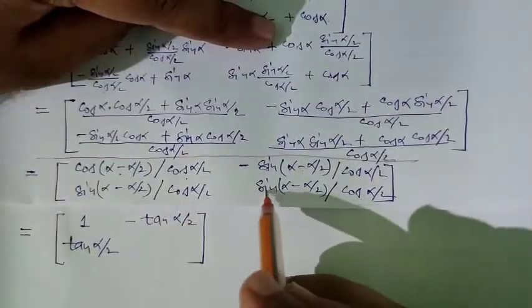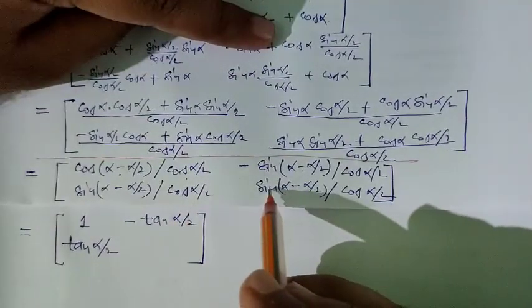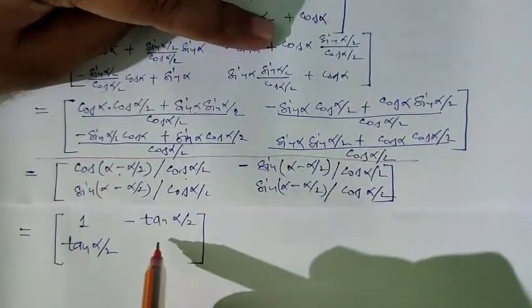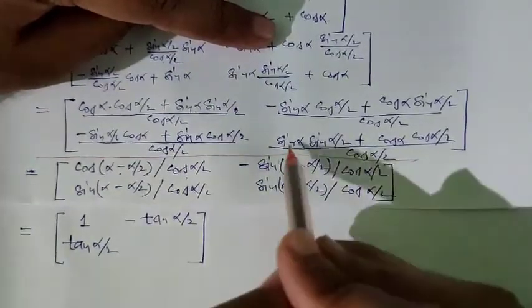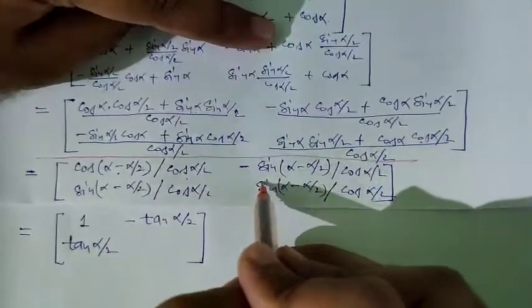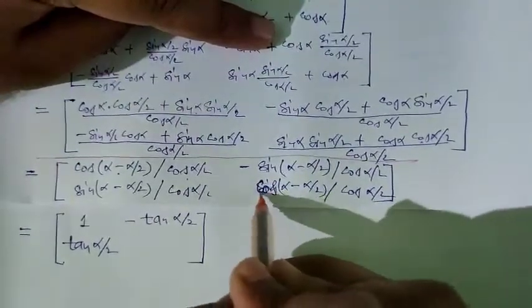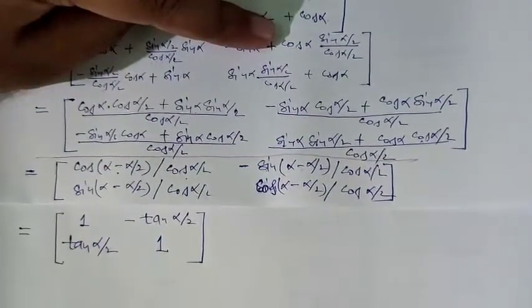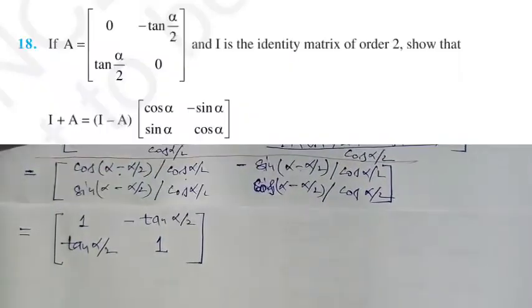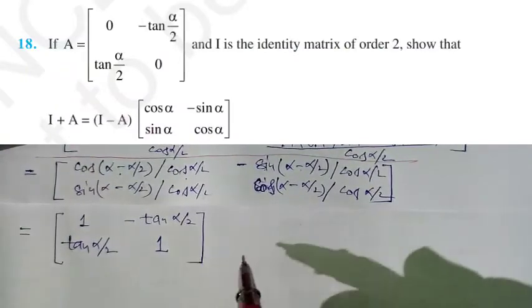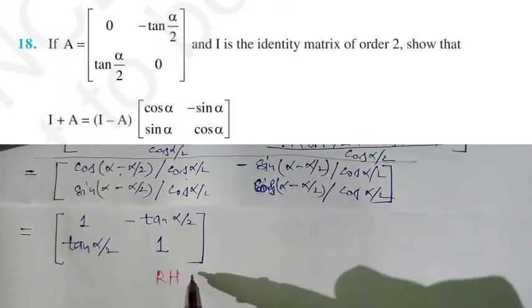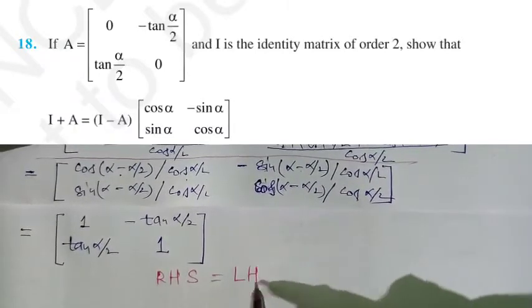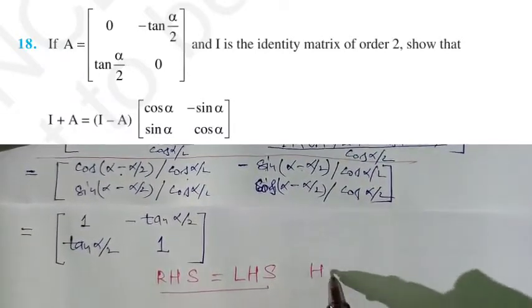And similarly the last entry will again be cos alpha by 2 upon cos alpha by 2, which gives you 1. So you can see that this RHS is equal to the LHS, hence proved.